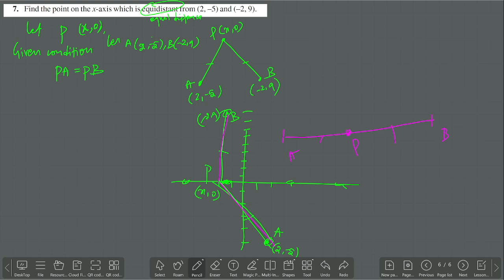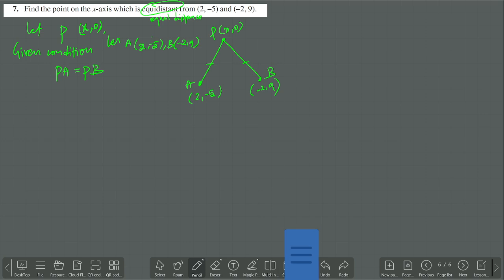They said a point on the x-axis making equal distance with two points. Only that condition is given to us, and by using that we have to move on. For understanding purposes only I have given the graph; you don't need to draw it. You just understand the concept. Is it okay now? Shall we move on?